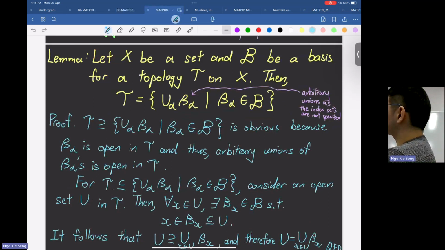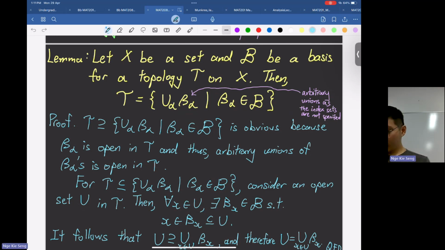If we have a set X and a basis for topology T, then my topology is the collection of all unions of basis elements. So all the open sets can be written as unions of basis elements.